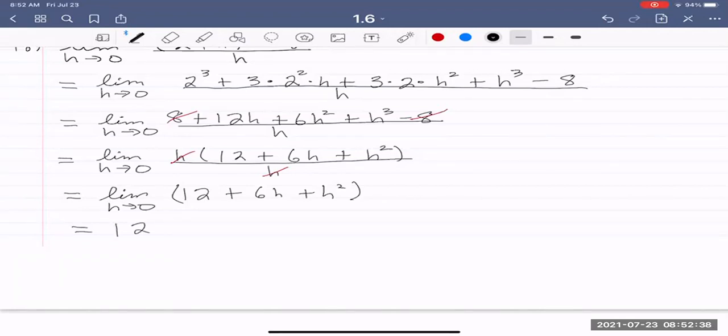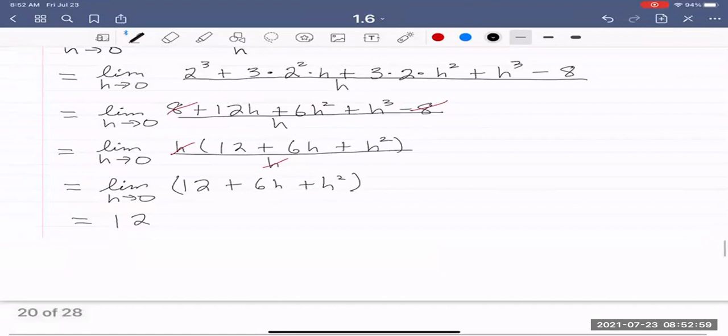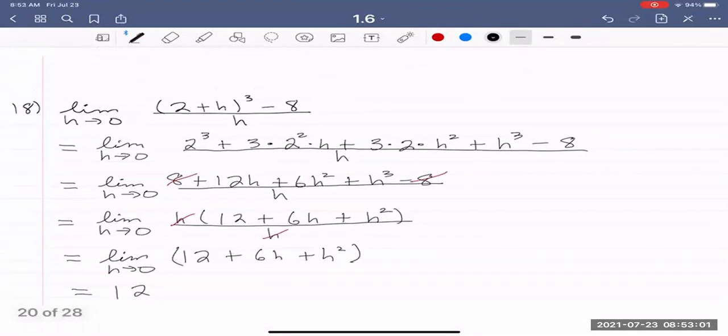So, moral of the story: you see if you get something of the form 0 over 0, meaning that you're not in the domain of the function. Simplify until you can plug in. Any questions about this?